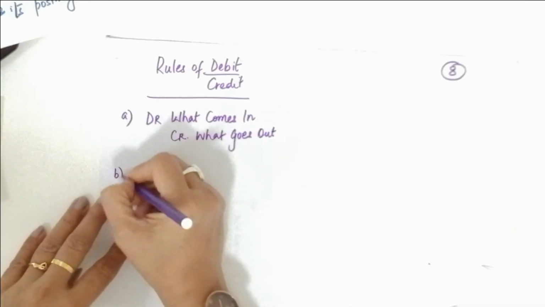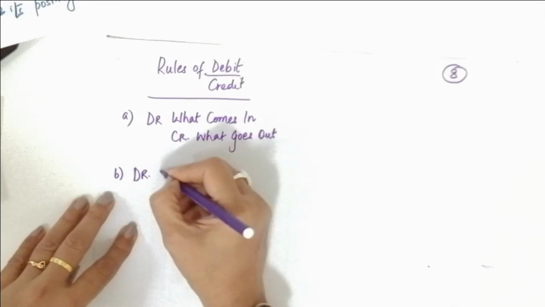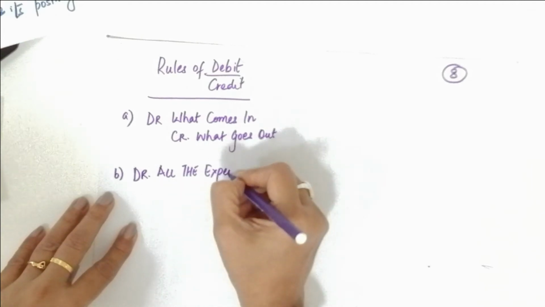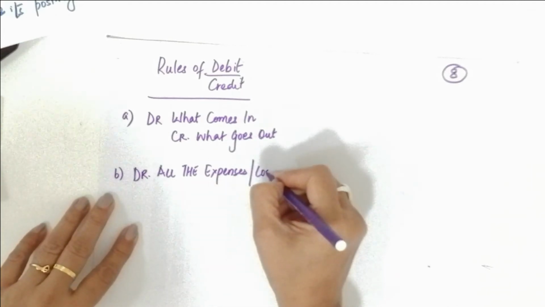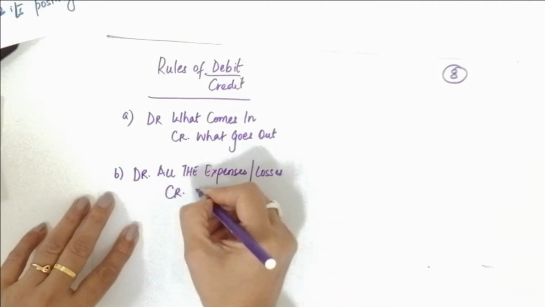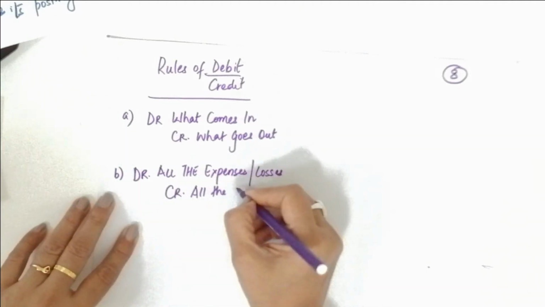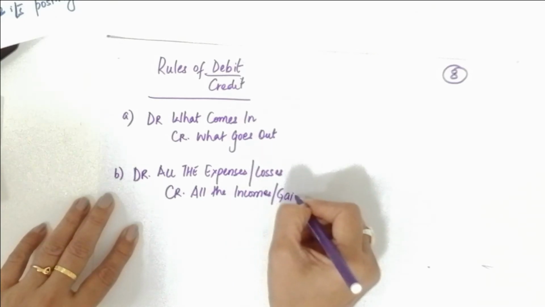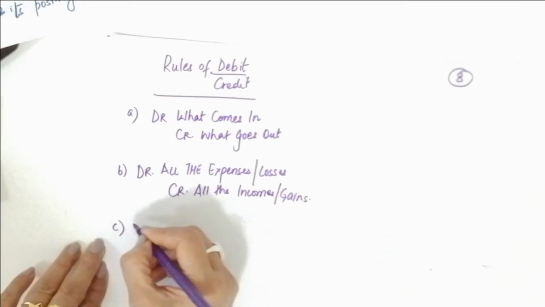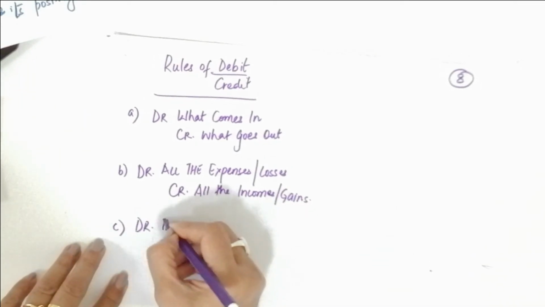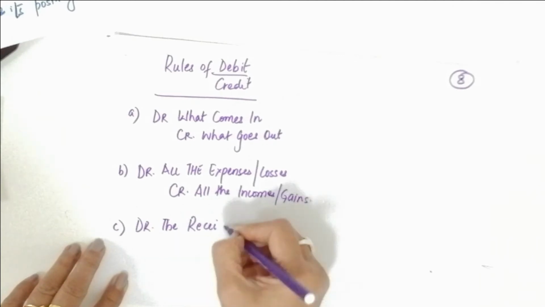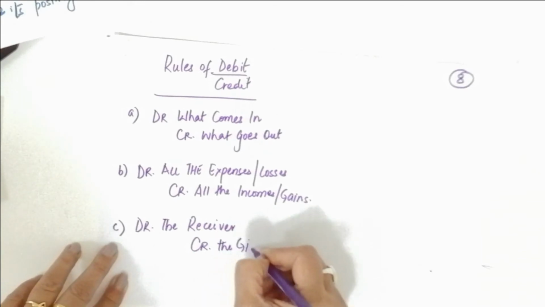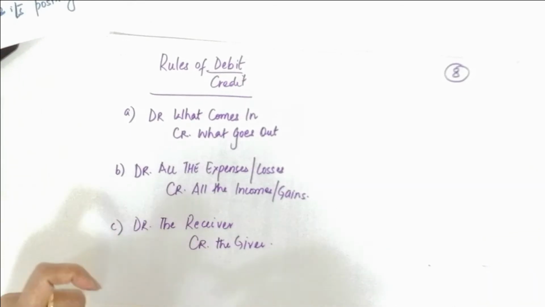Second is debit all the expenses and losses and credit all the incomes and gains. Again, this I'll tell you. And the last one is debit the receiver and credit the giver. Again, I'll tell you by way of example.